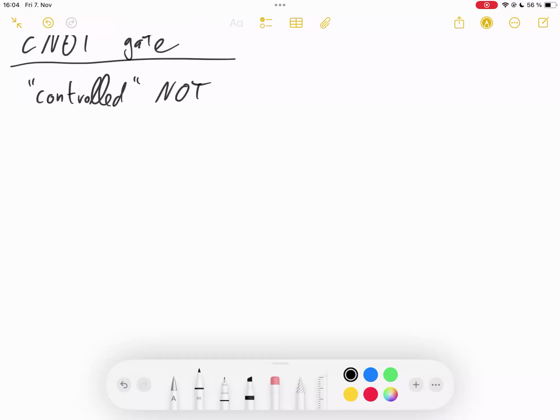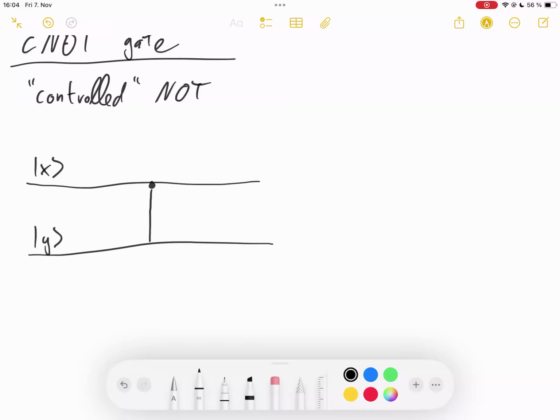So our controlled NOT gate is something I will visualize. I have two inputs, an X and a Y. These are my inputs. And if I visualize this CNOT gate, my X input will not be affected.